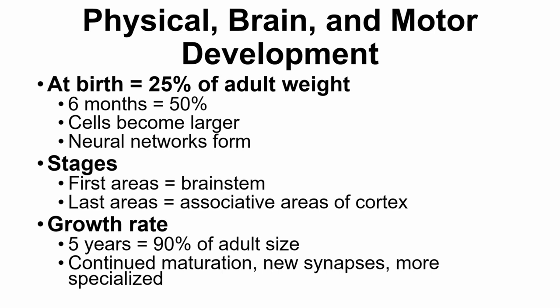And like I said, those association areas are the last to finalize. Specifically in adults, the prefrontal cortex, that part of our brains right at the front that's responsible for personality and decision making and integrating information, is the last one to finalize.